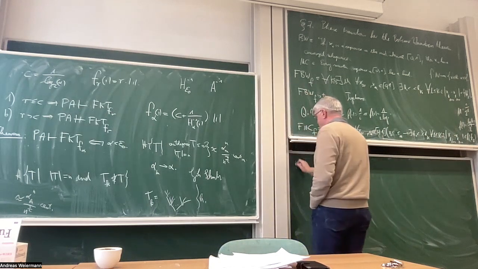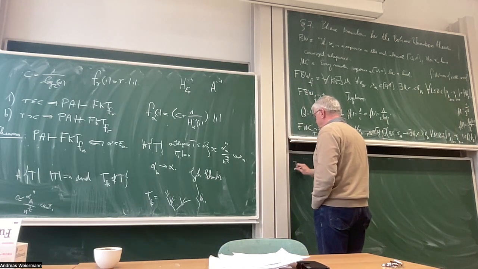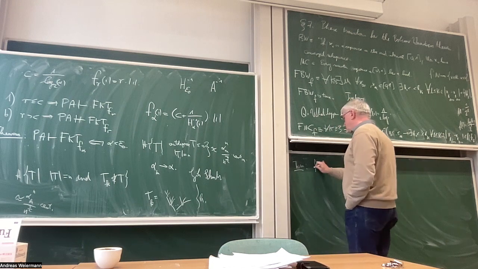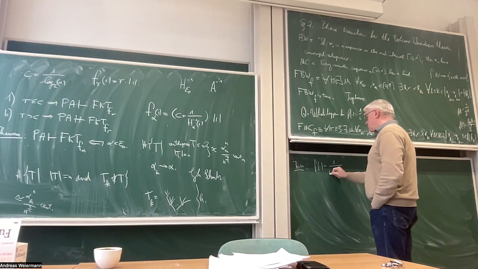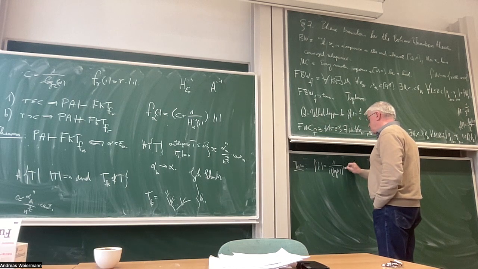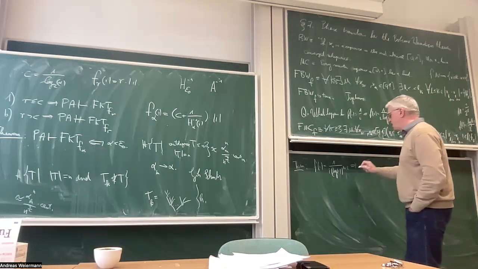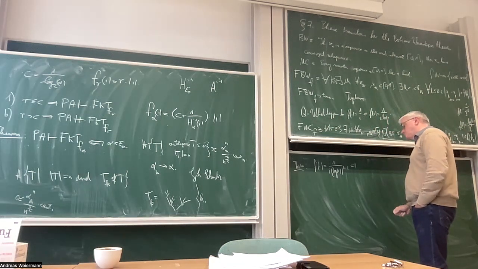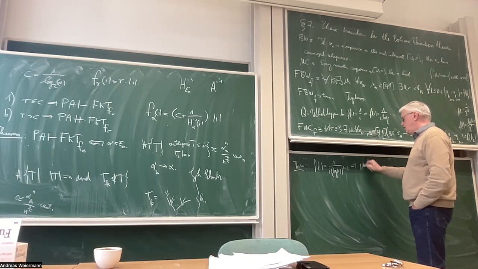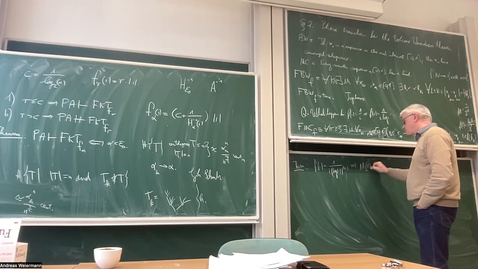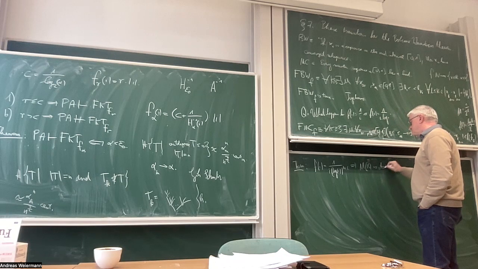Namely, theorem. If f of I is 1 divided by I, logarithm of I to the power of 1 plus epsilon, then M, the function of K, is Ackermannian.